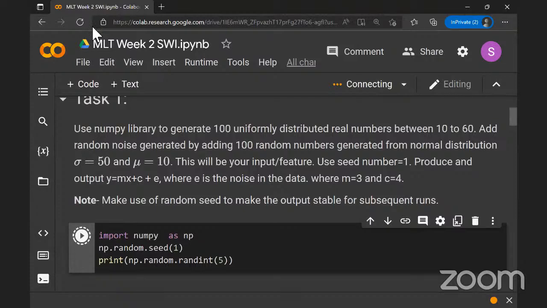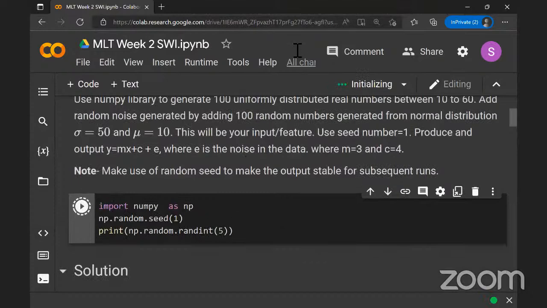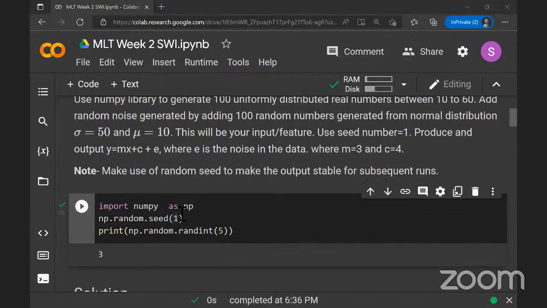So what is that seed for? What is the meaning of the seed? A few minutes back we discussed that the random generators in programming libraries are actually pseudo-random number generators.